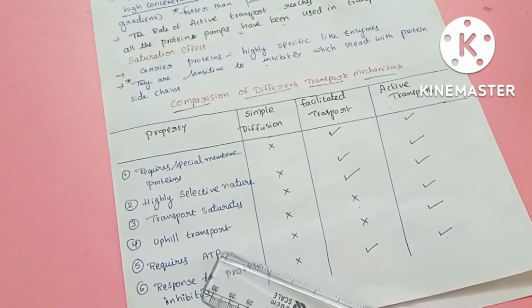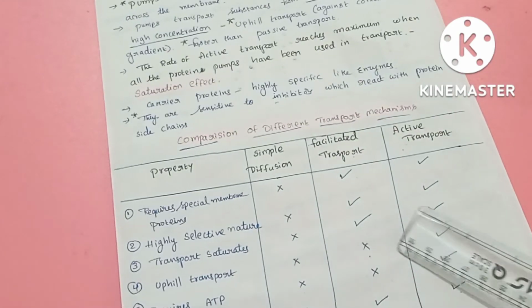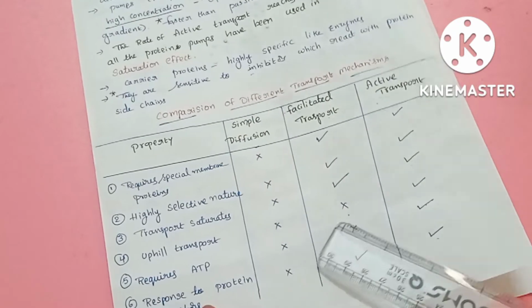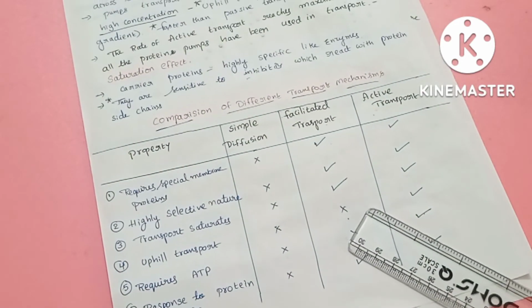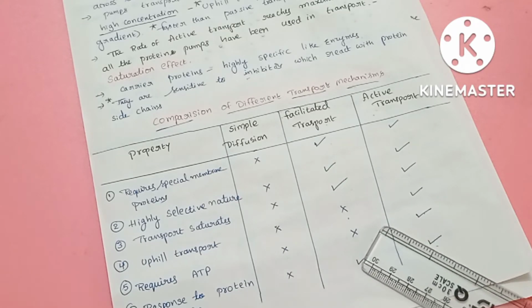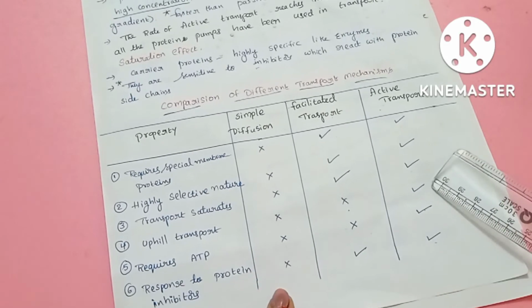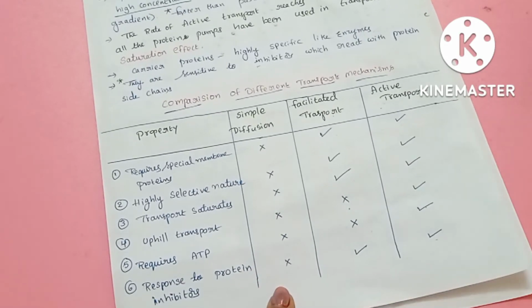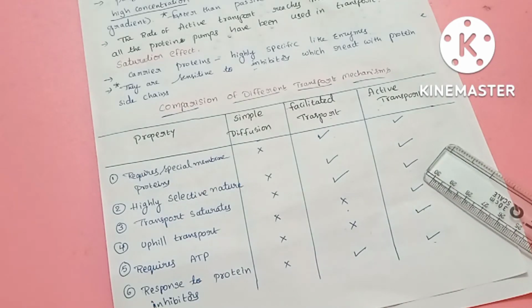Next, uphill transport. Uphill transport means from the lower concentration to higher concentration. In simple diffusion and facilitated diffusion, the molecules move from the higher concentration to the lower concentration. That is, they follow the concentration gradient. But in the active transport system, they go against the concentration gradient, that is, lower concentration to higher concentration.